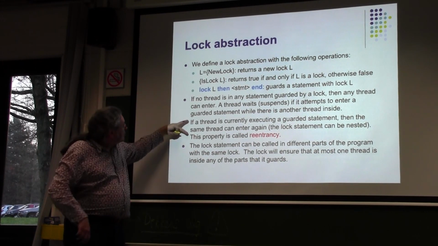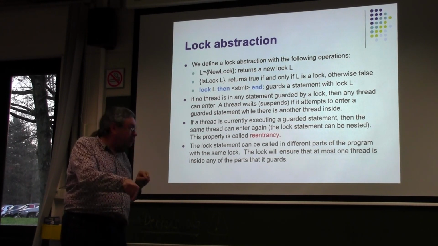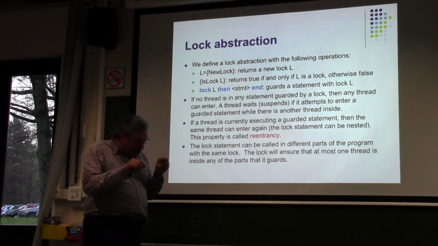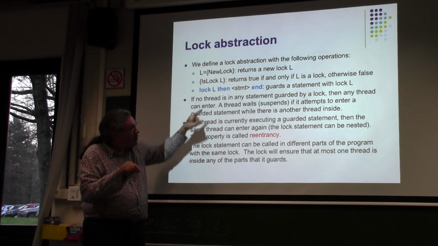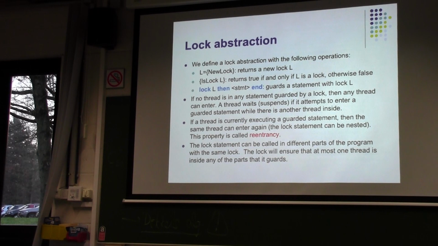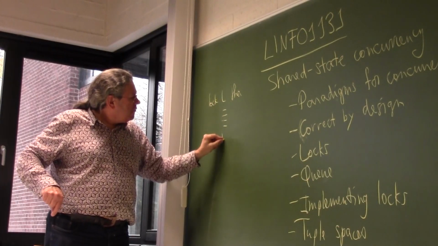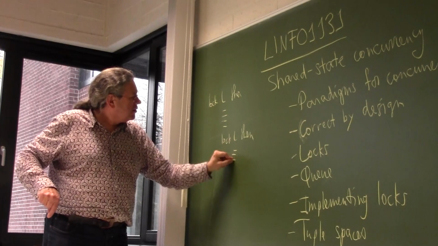Okay? But then there's another property. Assume the thread is inside the lock. It's inside, and inside, it runs into another lock L statement. So it's like this. Let's say I have lock L, and I'm running stuff. What if I have another lock L statement inside here?